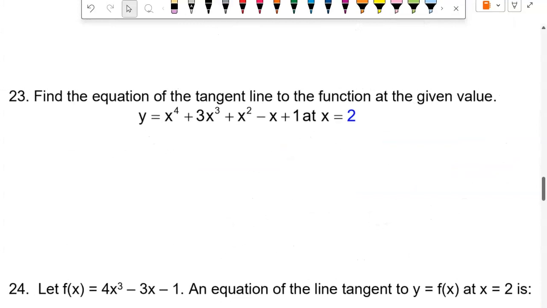So in number 23, we have to find the equation of the line tangent to the function at the given value. We've got this quartic function, and they only give us that x equals 2. So what we're going to have to do is input the 2 into x and figure out what our original ordered pair is that we're looking for, the instantaneous rate of change at 2 comma something.